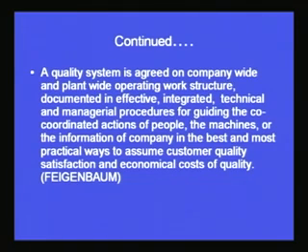So the definition or this particular discussion seems to be very long, but let's take it step by step. A quality system is agreed on company wide and plant wide. So a quality system is not local, it is global. So it is agreed on company wide and plant wide operating work structure. So it has to be incorporated throughout the company, throughout the plant.